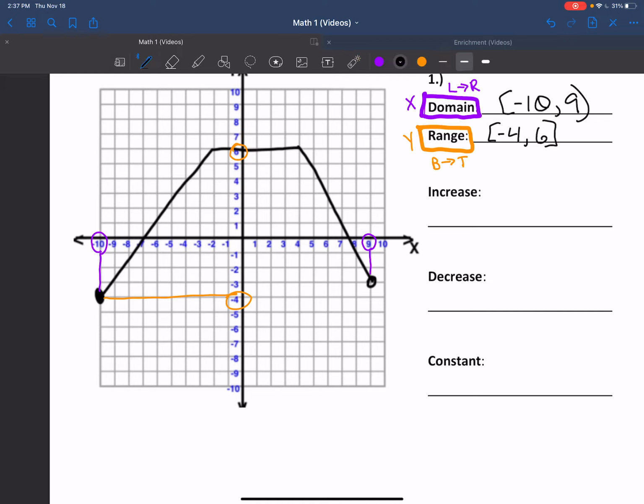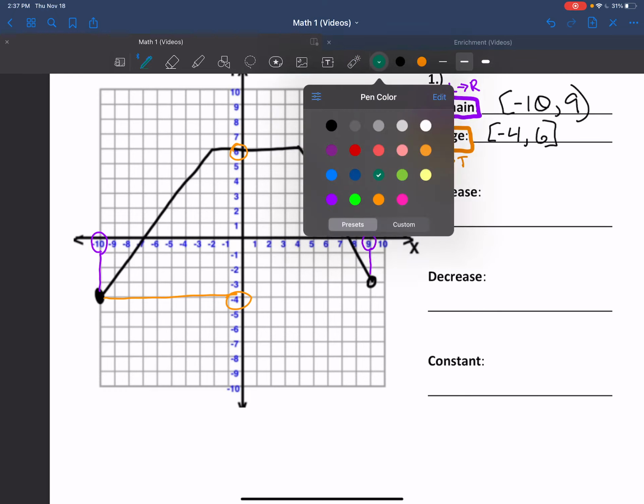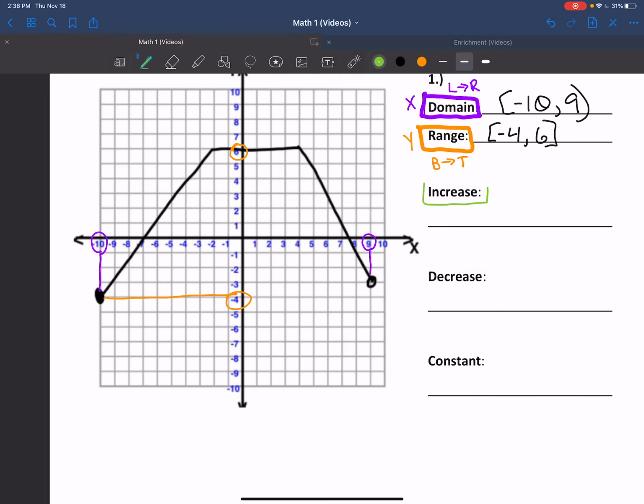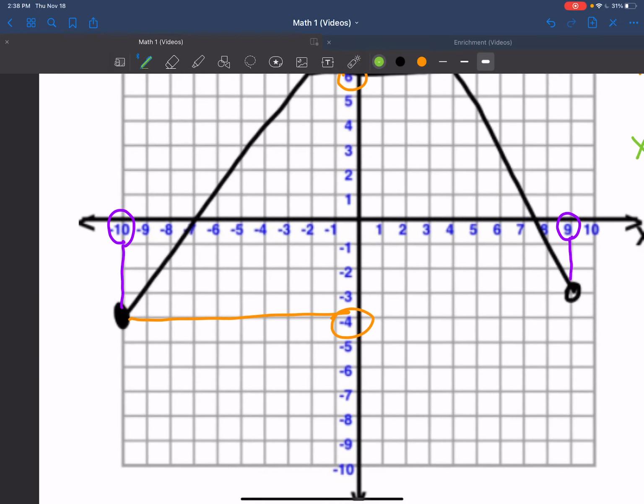Next we have increasing. So increasing, I'm going to use green. And remember, increasing is when our graph is going up from left to right, which means we're using the x-axis numbers. So looking at my graph here, starting from the left, this first chunk is going to be increasing because it is going up from left to right.